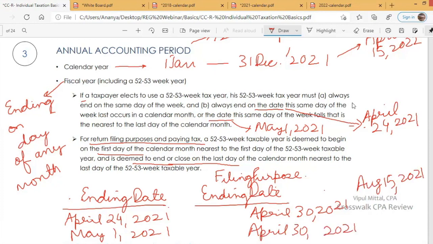So just for return filing purposes, we will say your tax year is ending on April 30th. Otherwise, your tax year is ending on May 1st. But for return filing purposes, we will say your tax year is ending on April 30th and you file your tax return by August 15.